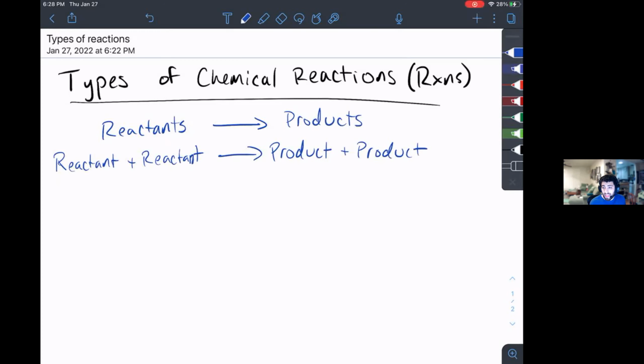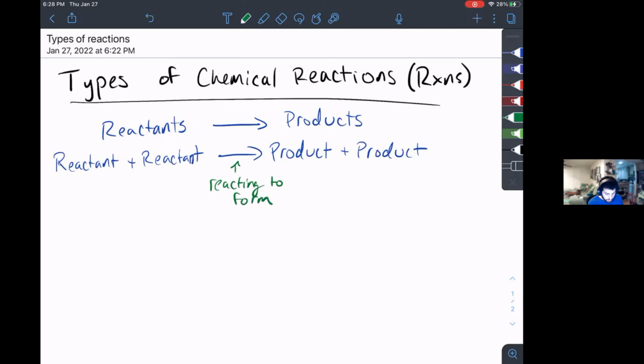Generally, the way we might say this is reactant reacts with reactant to produce product plus product, or sometimes we might even use this arrow to refer to the idea of reacting to form.